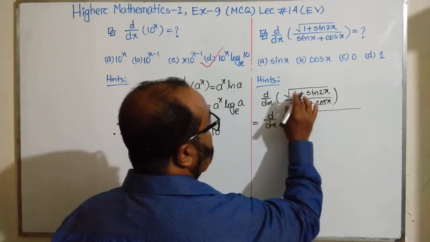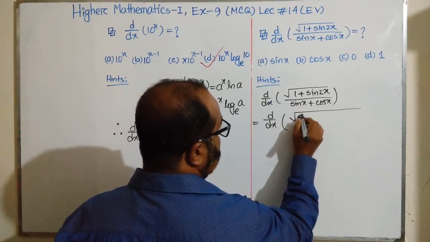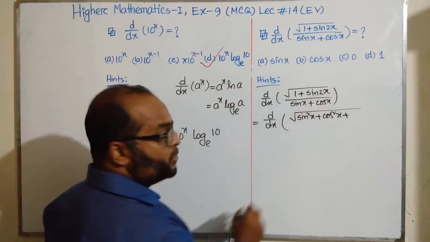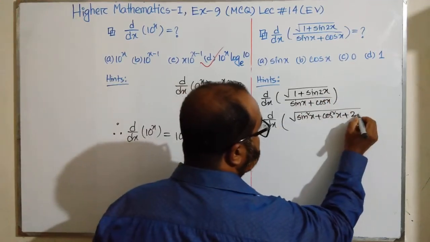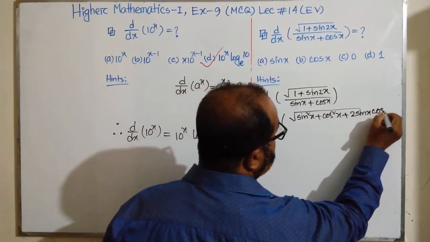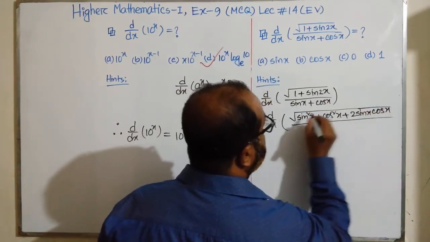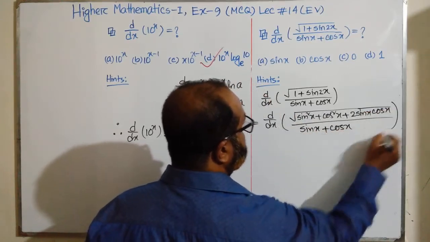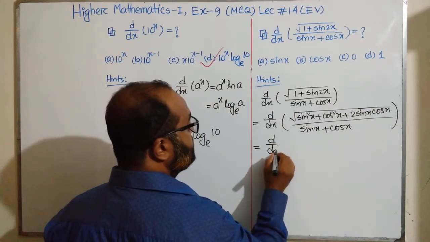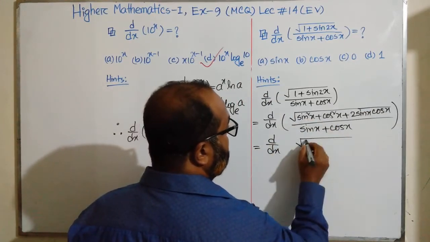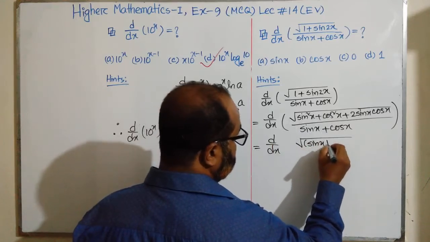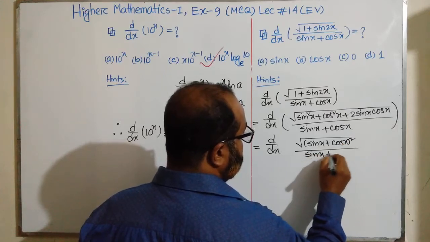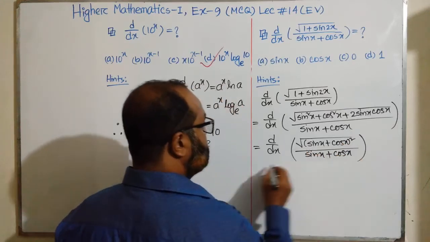d/dx of, here 1 can be replaced by the formula sin square x plus cos square x, plus, you know, the formula of sin 2a, this is 2 sin x cos x, and here in the denominator this is unchanged, sin x plus cos x. Here d/dx of, in the numerator we can write (sin x plus cos x) whole square divided by (sin x plus cos x).